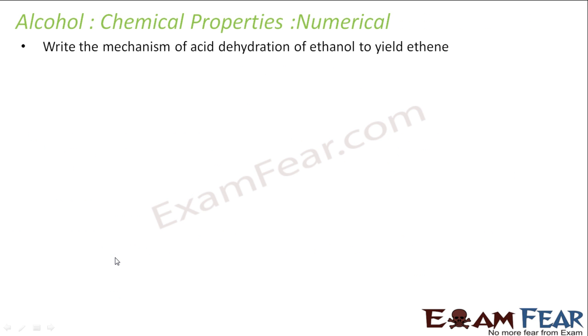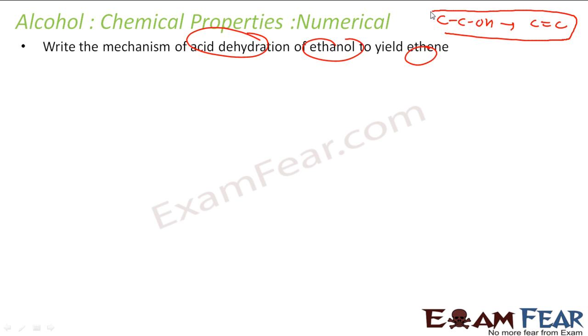The next reaction is dehydration of ethanol to yield ethene. So acid dehydration of ethanol gives ethene. I have ethanol, and from this I want ethene. I want to give the reaction mechanism. I think we have done this, so I'll show you. CH3CH2OH.